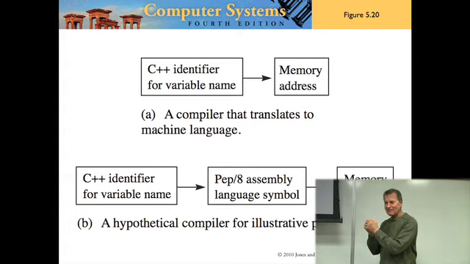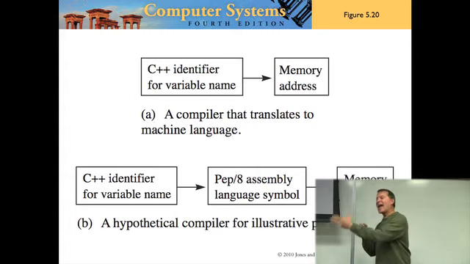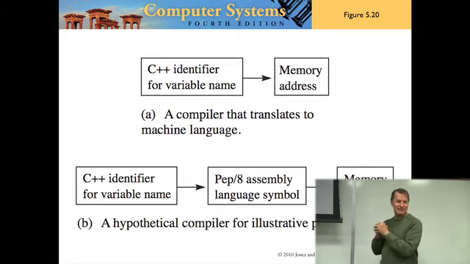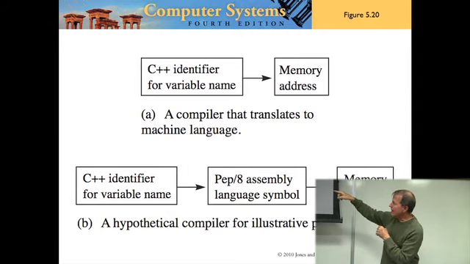Are you with me? Now there's a difference here, because think about what's going on. The symbol is the address of where the value of that variable is going to be stored. That's the connection. So here in part A, we see a compiler that translates to machine language the C++ identifier for a variable name, which corresponds to a memory address of where that's going to be stored.